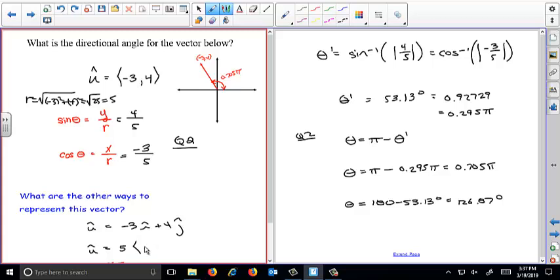So you'd have the cosine of theta, sine of theta, so you'd have negative 3/5 comma 4/5. So how I've done this is I've broken it up into some magnitude times the unit vector. And you could also do it in ij. So you could have 5 times negative 3/5 i plus 4/5 j, and notice I'm not using the angled bracket, I'm using just a regular curved bracket.